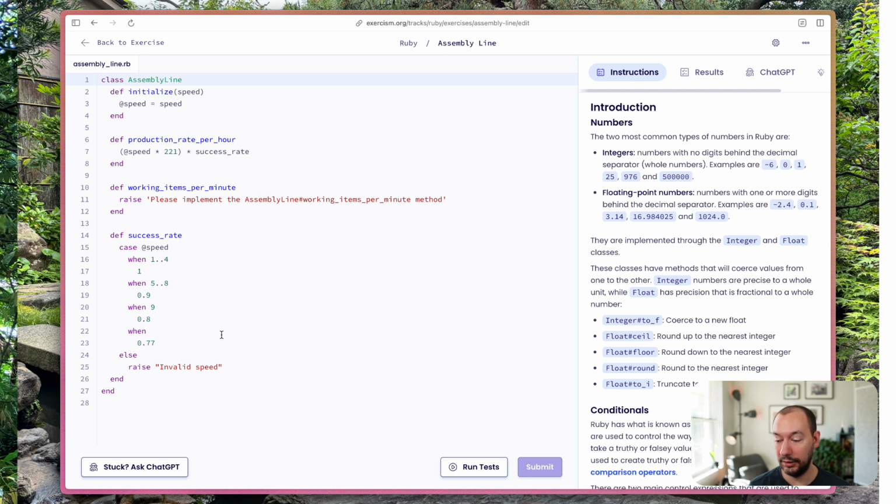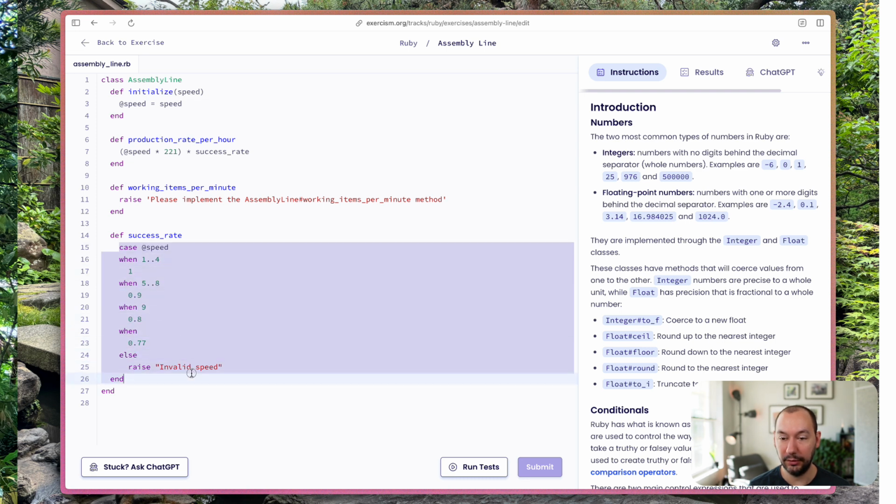I think I'm trying to use a keyboard shortcut that would not do what I expected in the browser, but it would work fine in my editor. Okay. So I think typically case statements are indented like this.